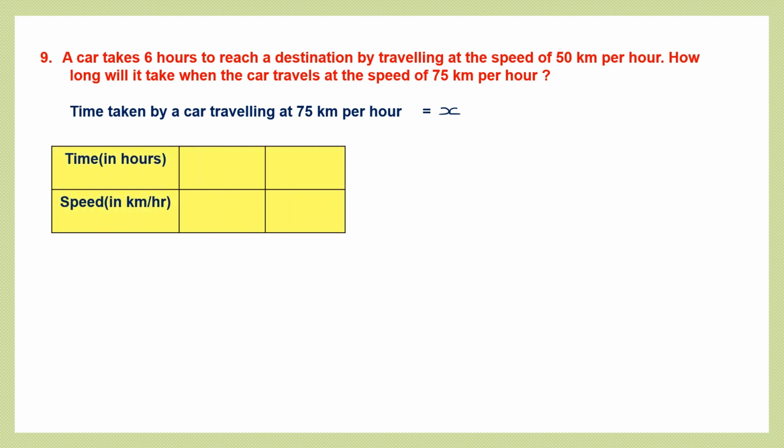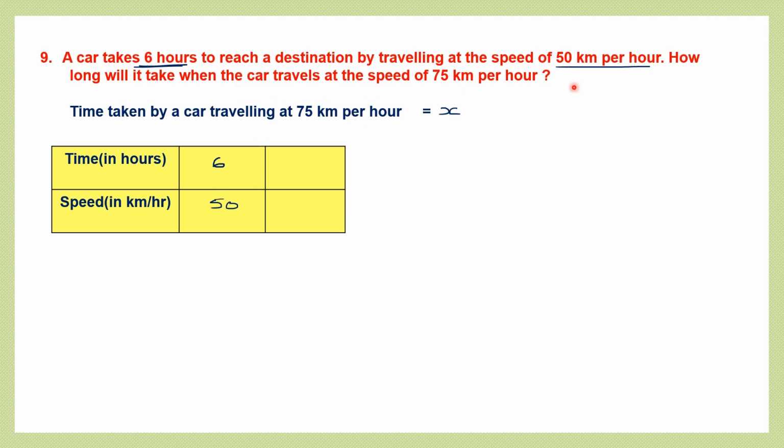Now a table. So here we have time in hours and the speed in kilometers per hour. So time, let's fill in here, is 6 hours. At a speed of 50 kilometers per hour, it was able to reach that destination in 6 hours.